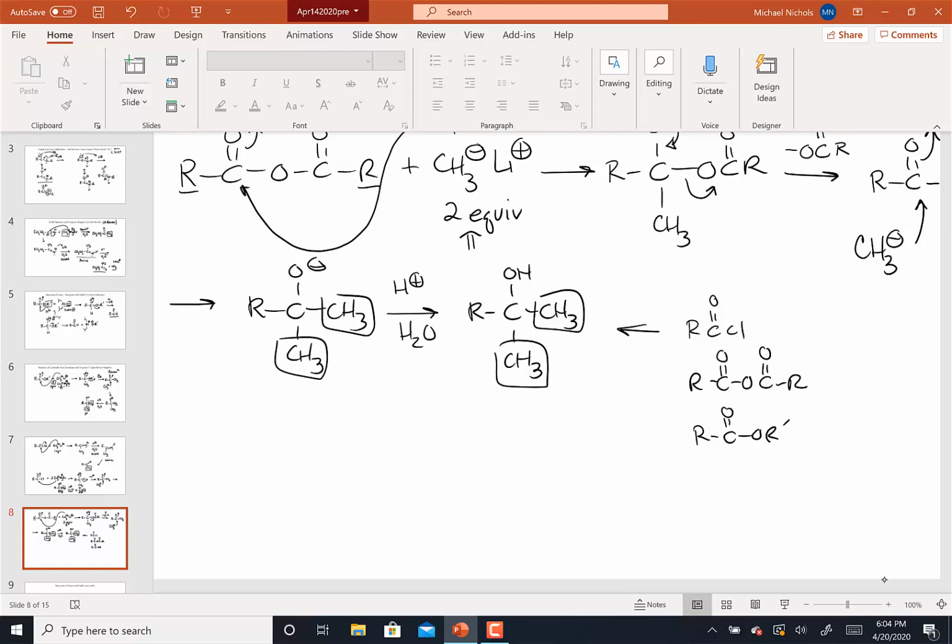All three of those you're going to react with two equivalents of organolithium or of Grignard, and you're going to always end up adding those two groups to form the tertiary alcohol. The last one is the amide.